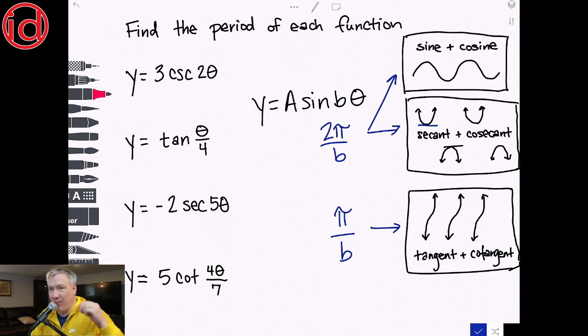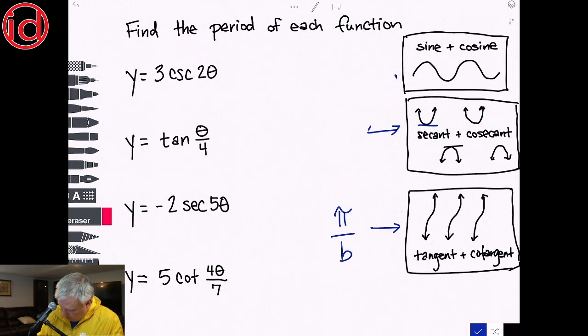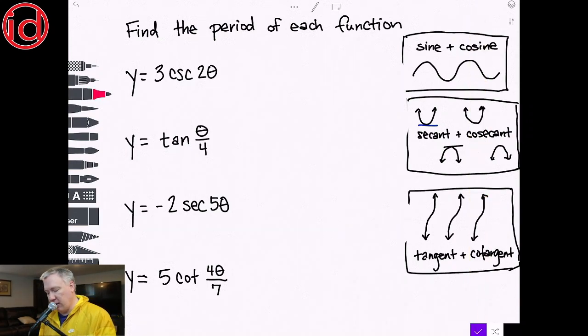So let's go ahead and use these formulas. I'm going to erase them here, so hopefully you memorized them, and we'll use them to solve these ones. So here we go. First, let's identify what b is. In this case, b is 2. Dividing is like multiplying by the reciprocal.